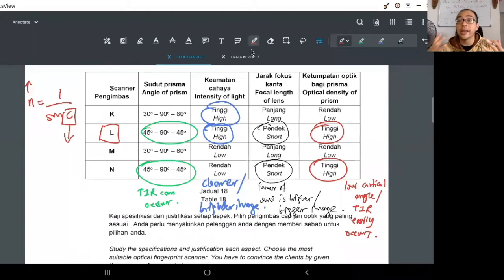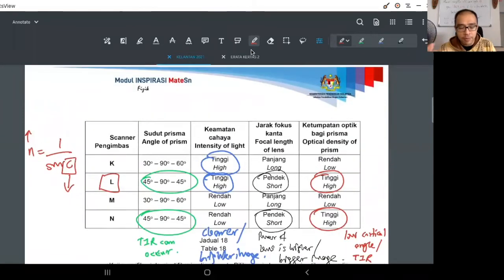So it's all connected. If you don't remember much about whatever is happening today, try to remember this. Number one, the lens and the power of the lens and the focal length of the lens are all connected. Especially for people who wear specs, you know this. When your lens is thick, your power of the lens is high.